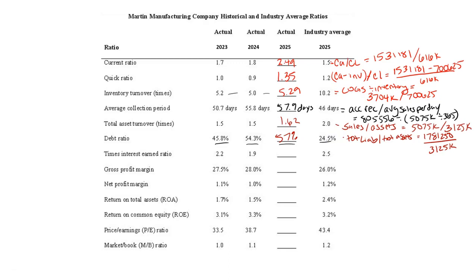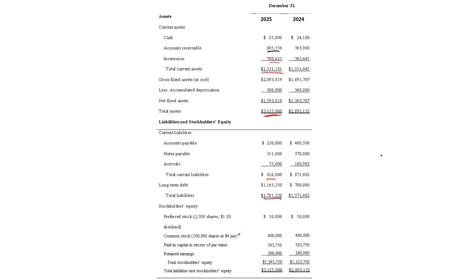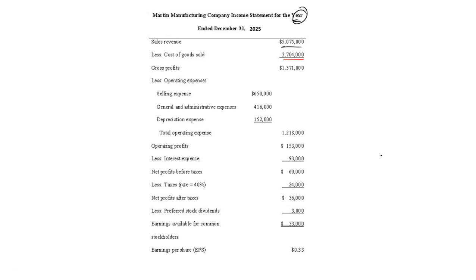Okay, times interest earned. Times interest earned is earnings before interest and tax divided by interest. Earnings before interest and tax is also called operating profits. So two words, same meaning. Operating profits and earnings before interest and tax can be used interchangeably. But it's $153,000.